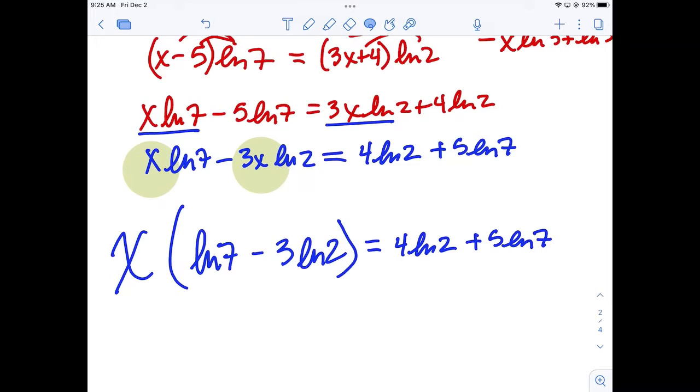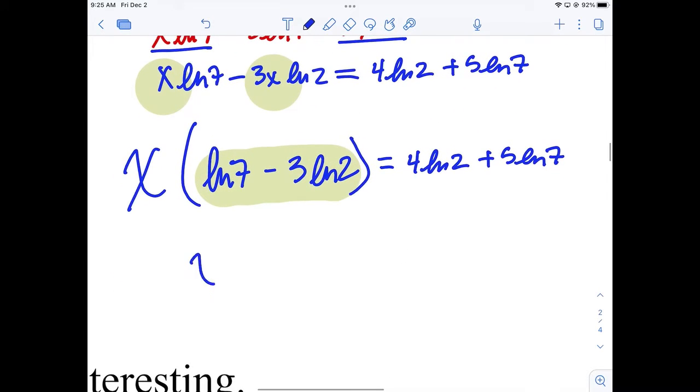Now what? Isn't this whole thing right here just one big number? Yeah. So if I'm multiplying x by 5, how do I undo multiplying by 5? I would divide by 5. So I'm going to divide both sides by that.